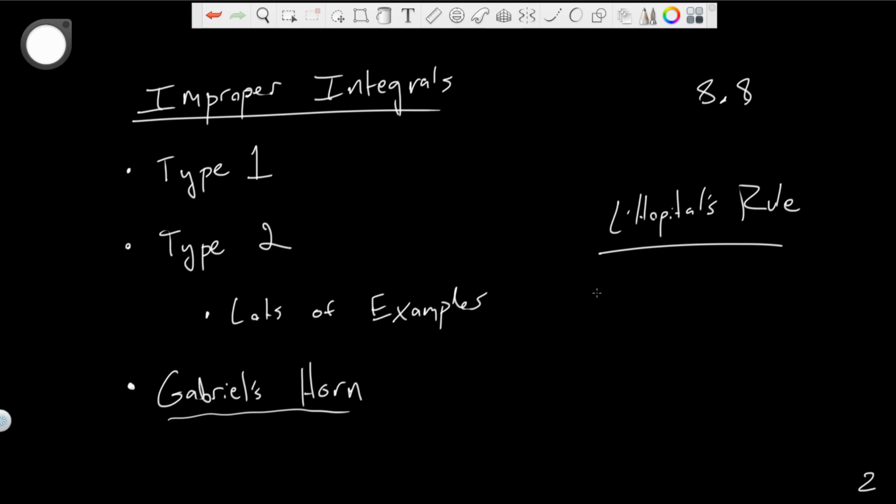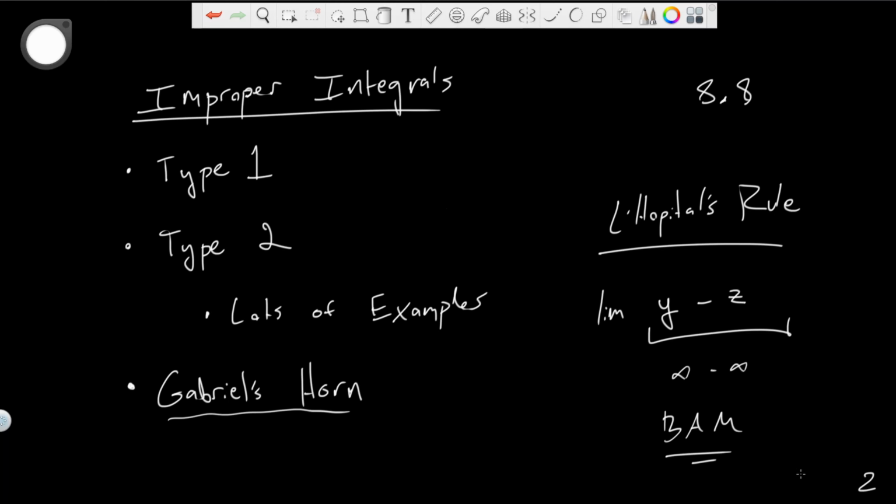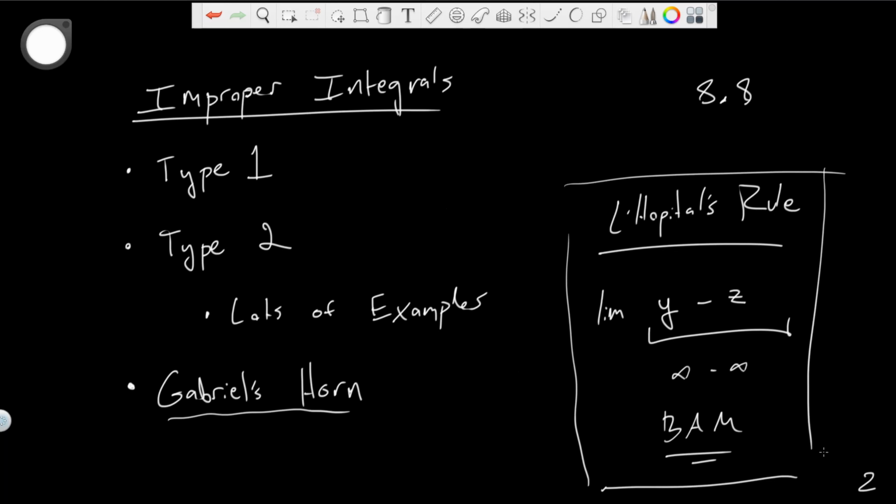In pretty much all of our examples, we had the limit of something minus something. And when you have infinity minus infinity, you have a battle. Bam! So one thing we did not talk about in this video, but it might pop up in your studying, is L'Hopital's rule.